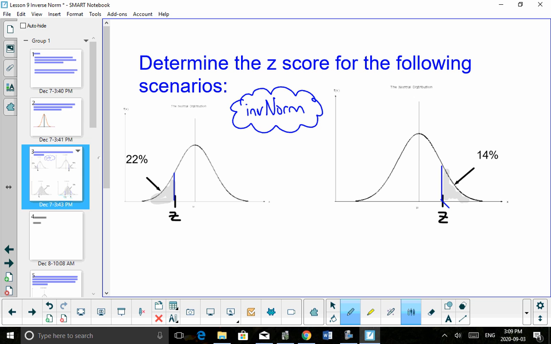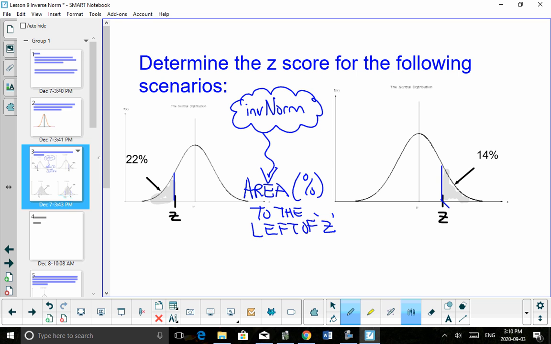Don't worry about what it stands for, just that's the button that we use. Now, here's the funky part. In order to use this button, we have to know the area, or in other words, the percent, to the left of the z-score.